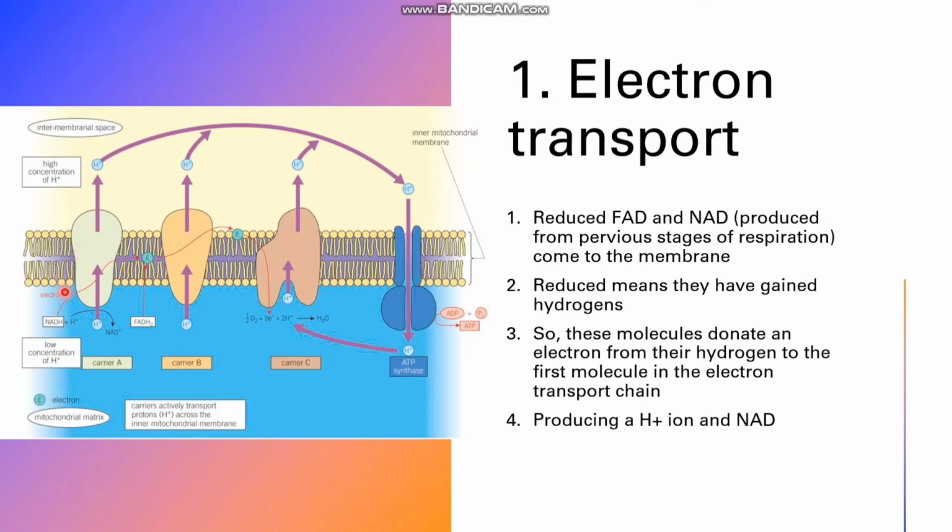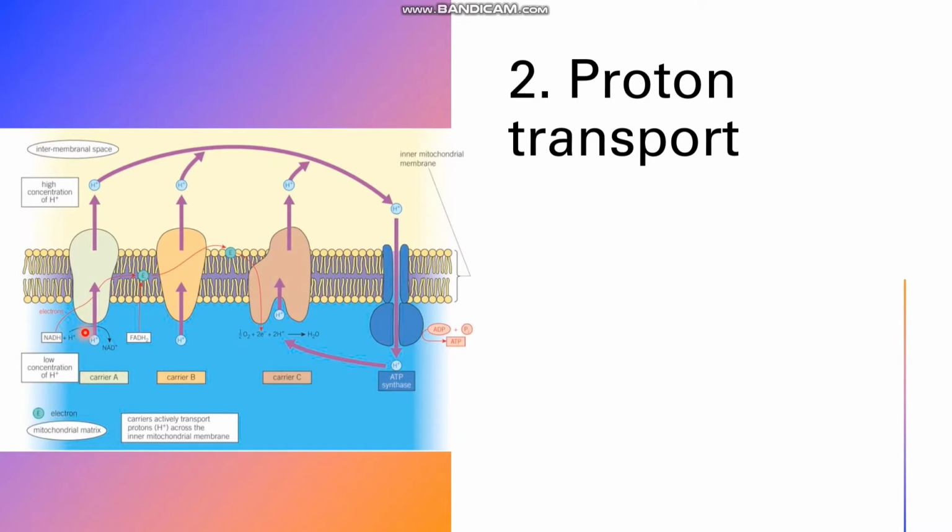Now we have produced an H+ ion because our hydrogen has lost an electron and become positive, and we have NAD. We have oxidized our reduced NAD because it has lost the hydrogen, so now we're left with NAD again. So reduced NAD comes to the membrane and donates an electron, forming hydrogen and NAD. And this is the same for reduced FAD.